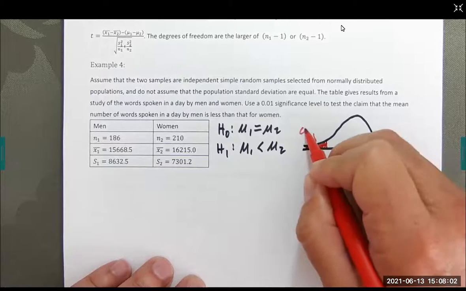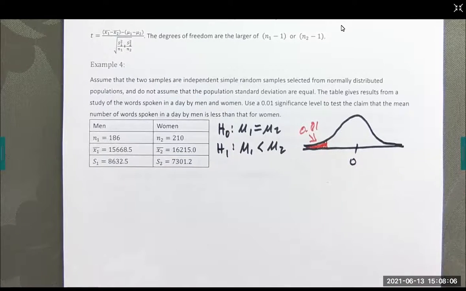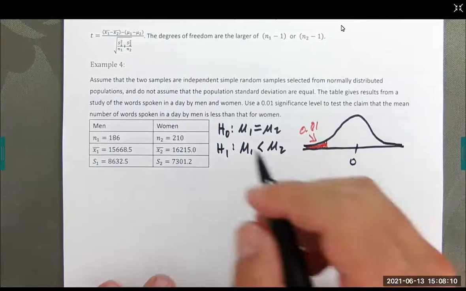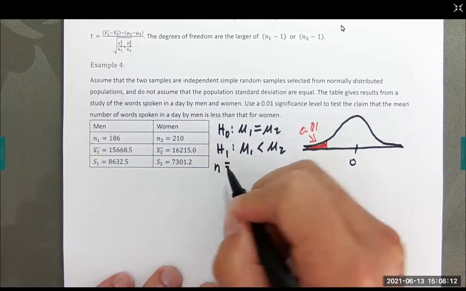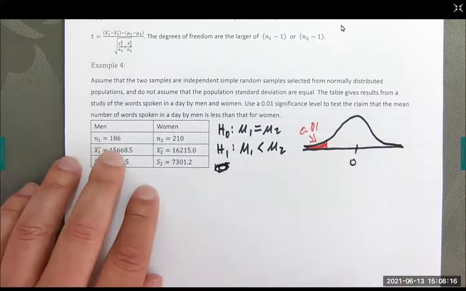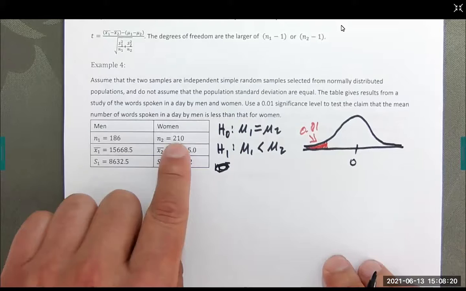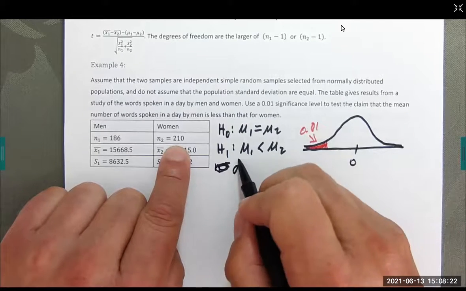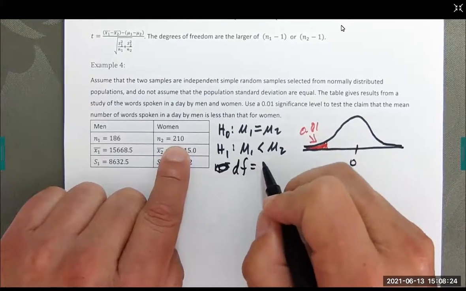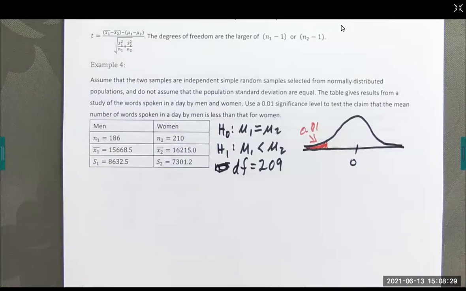And let's get some critical values. Now, this is going to be a t-test. Our degrees of freedom is going to be the larger of these two, so in this case, it is 209.